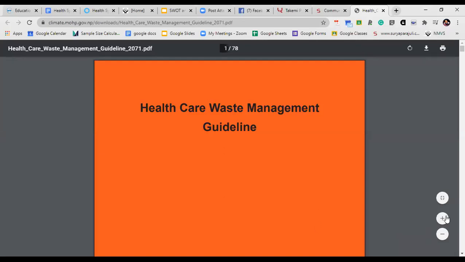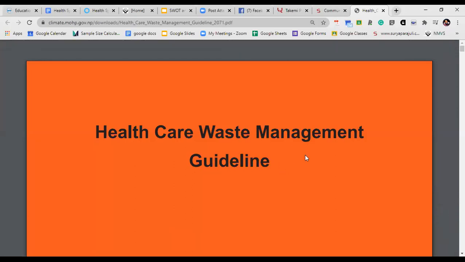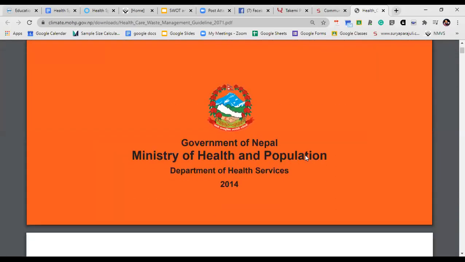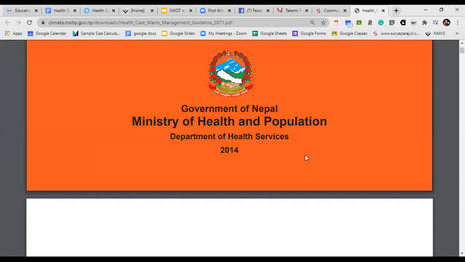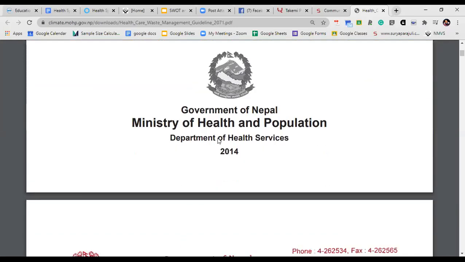This is the Healthcare Waste Management Guideline prepared by the Ministry of Health and Population and released in the year 2014. After your exam, we'll have some practical discussion and demonstrations related to healthcare waste management.